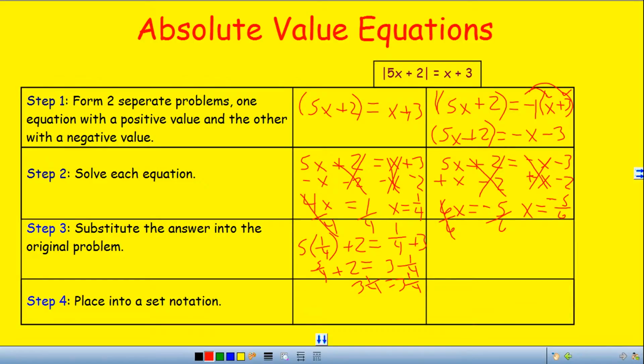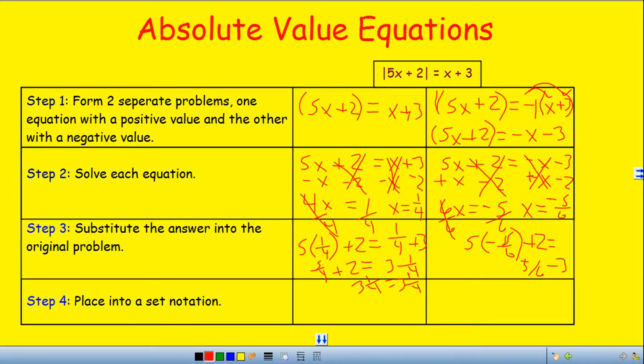So I'm going to say 5 times negative 5/6 plus 2 equals negative, it'll be negative negative 5/6. So a negative times a negative is a positive. So it'll just be plain 5/6, right? Minus 3. So let's see if this checks out.